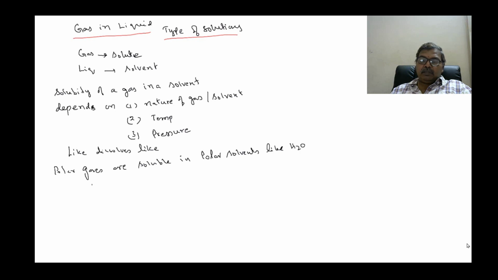Polar gases means sulfur dioxide, ammonia, HCl, dinitrogen pentoxide, and so on. These are highly soluble in water.